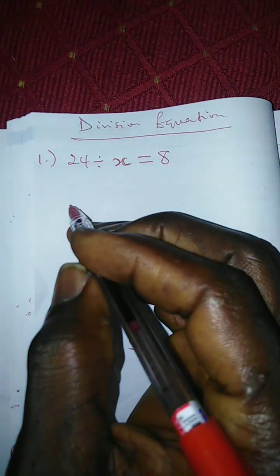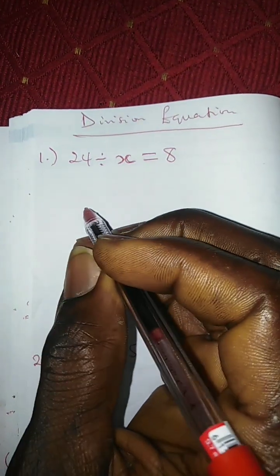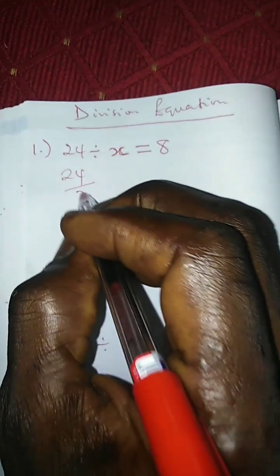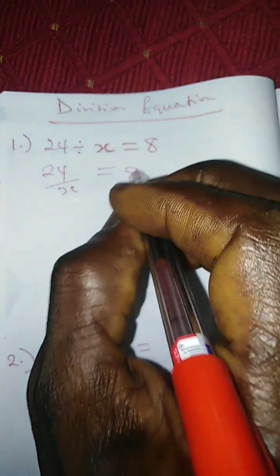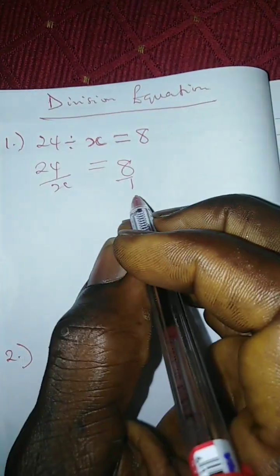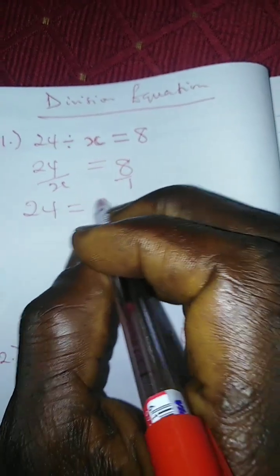And for the division equation, 24 divided by x equals 8. That will be 24 over x equals 8 over 1. I'll cross multiply. 24 times 1 will be 24. 8 times x will be 8x.